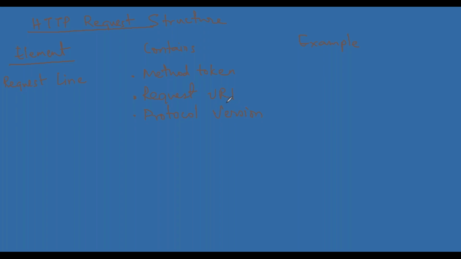And what protocol version are you using? With respect to HTTP, there are different flavors like 0.9, 1.0, 1.1. Nowadays, most of the time you will find it as 1.1.